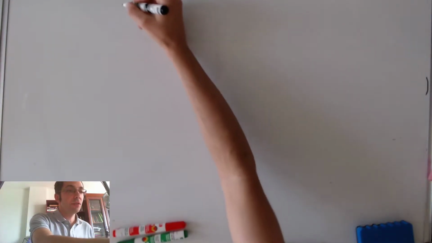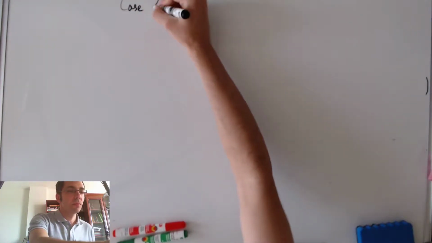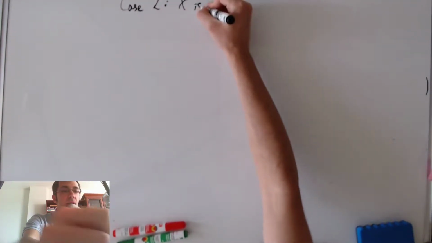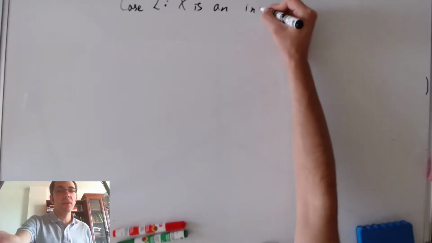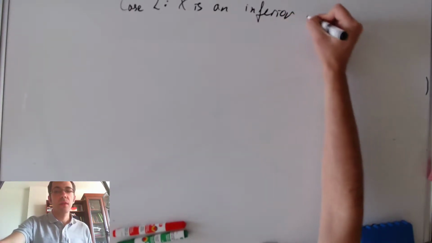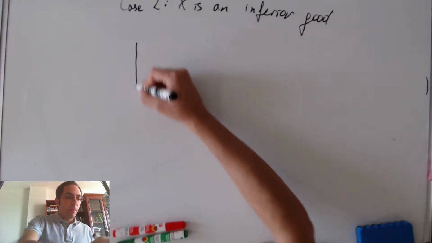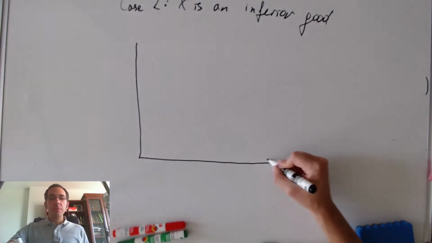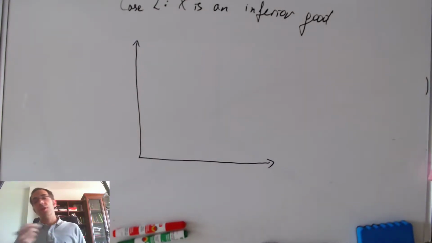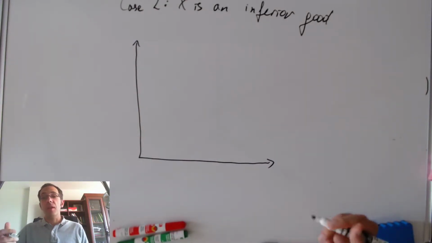So case 2, X is an inferior good. Imagine that the person is becoming richer. The general population's income level is rising.